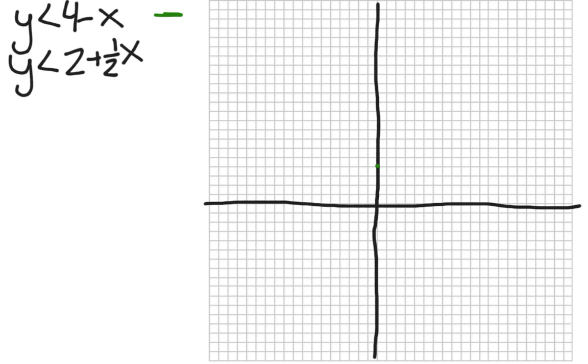And now I have a slope of negative 1, which means I'm going to go down 1, to the right 1 in order to get my next point. Down 1, right 1, down 1, right 1. I'll keep repeating this until I get a line. And notice I'm going to keep this as a dashed line because I have less than, not less than or equal to.